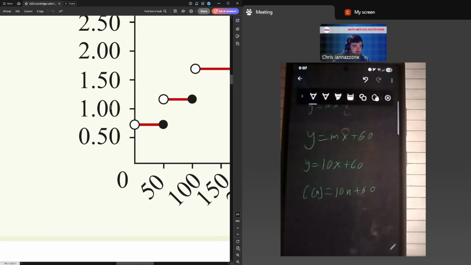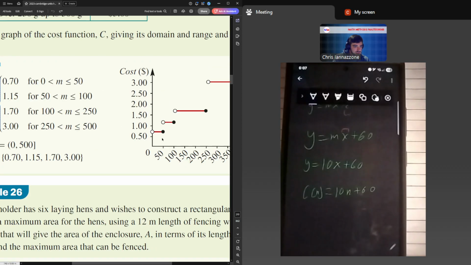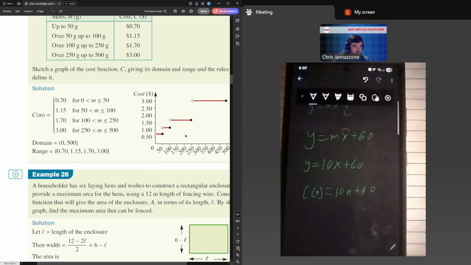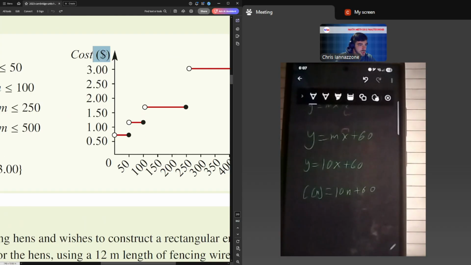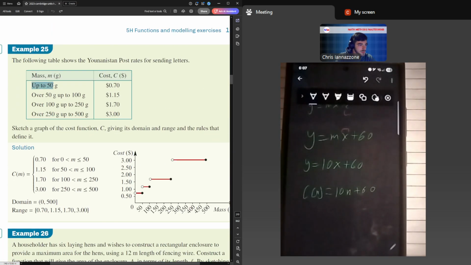You can see it's somewhere between $1 and 50 cents, and it goes from 0 to 50 on the x-axis, which is representative of being between 0 and 50 grams. The reason it's a flat line is because the y value, the cost, does not change for any mass between 0 and 50. Now, it says up to 50 grams.